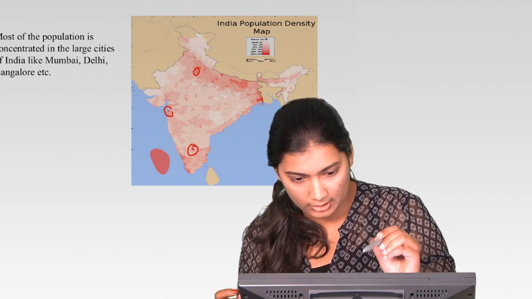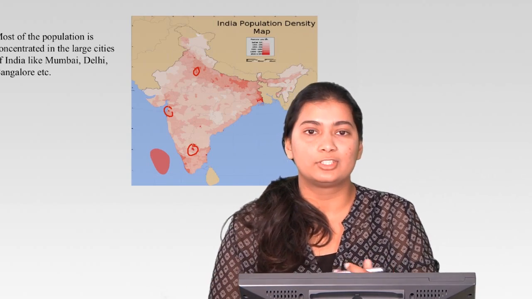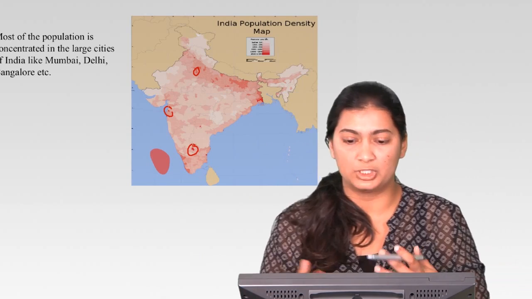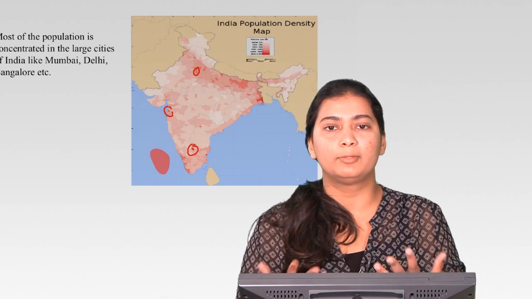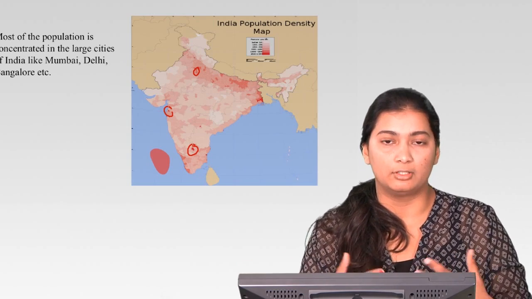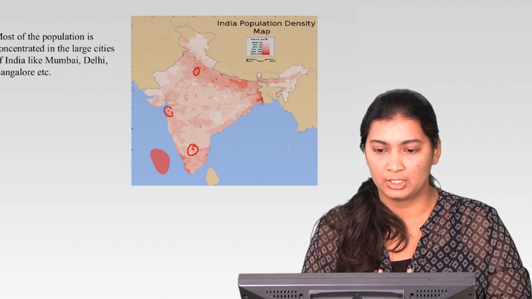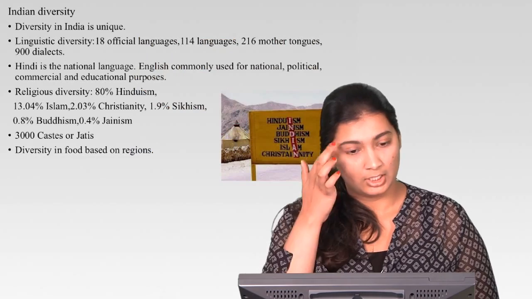Somewhere around here is Mumbai. I can't exactly tell you. And there are other major cities like Bangalore, Chennai, which have a lot of population density. This is because many of the people from the rural areas migrate to the urban in search of better living. So that's how the population density is.